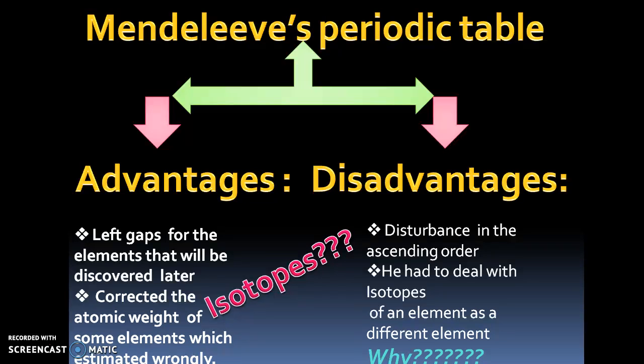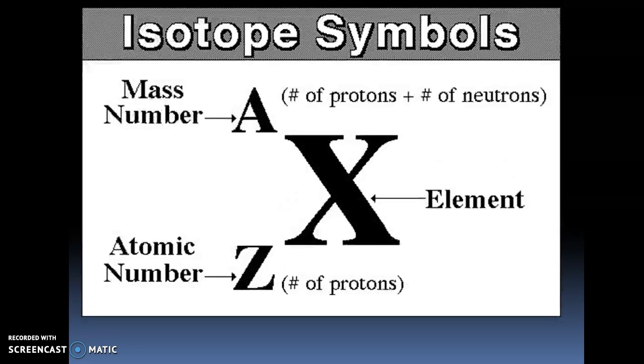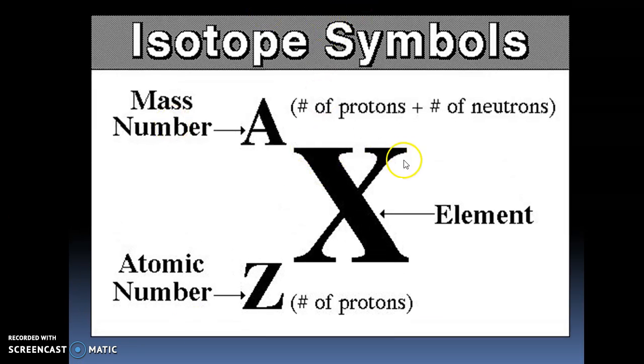Let's see. If you have an element X here, this symbol represents the atomic number, and this symbol here represents the mass number or the atomic weight.